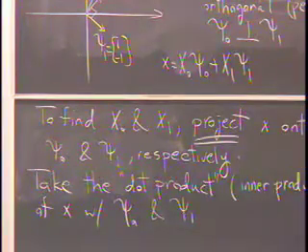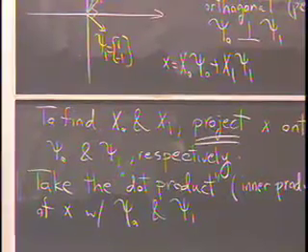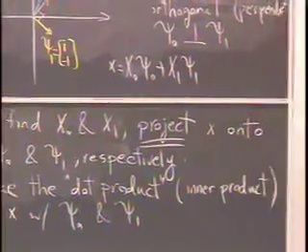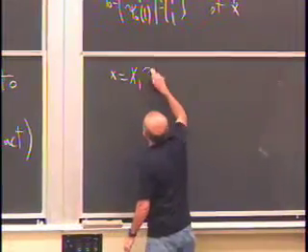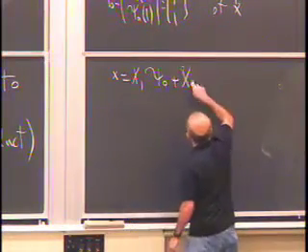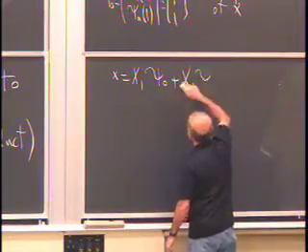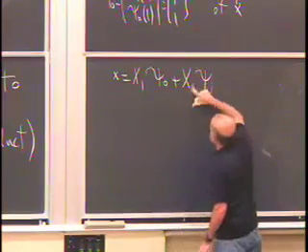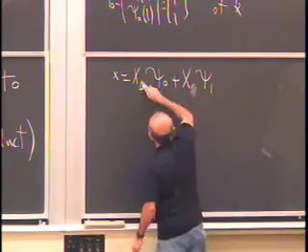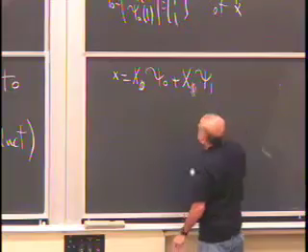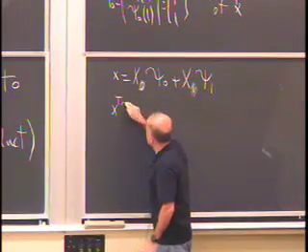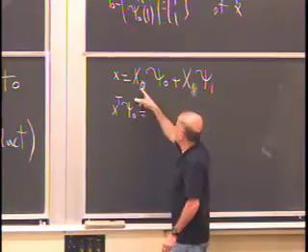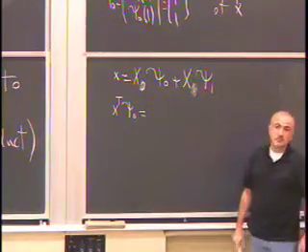Okay, so we're taking the dot product of x with phi 0. But if x is x0 C0 plus x1 C1, and I'm taking the dot product of that with C0, then I've got to do the same thing on the right-hand side.